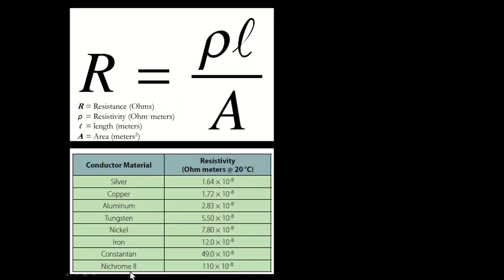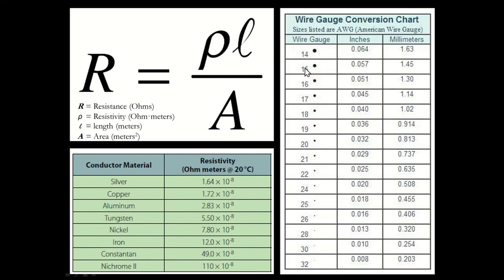And you can look up in a table what different materials are and how much resistivity those materials have. You can also look up in a table what gauge of wire you have, and most homes use about 14 gauge wire. In the kitchen and in the bathroom, they often use 12 gauge wire.